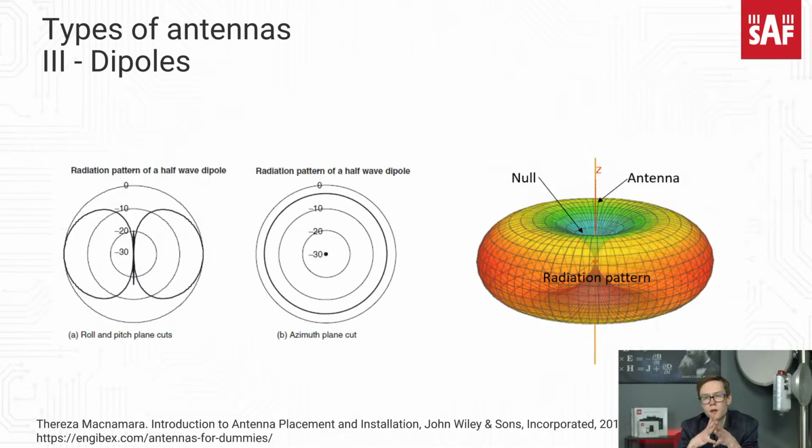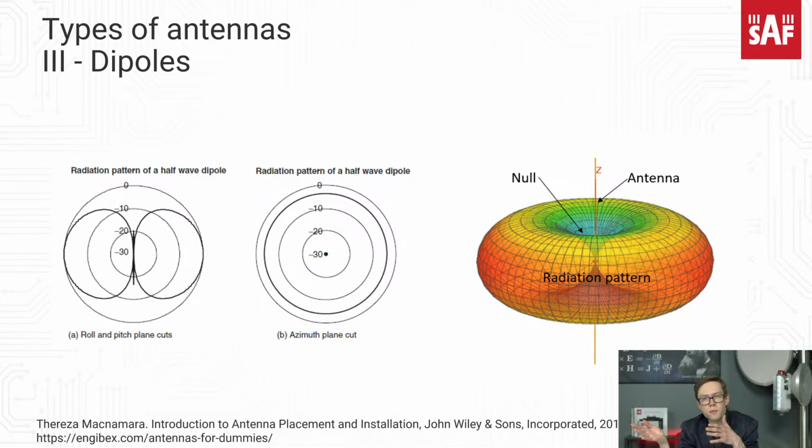As for the radiation pattern, this is how the radiation diagrams look. Two of them are in 2D and one is a three-dimensional diagram. On the left we can see how it looks in the elevation plane, and further to the right we can see how it looks from above, so in the azimuthal or horizontal plane.